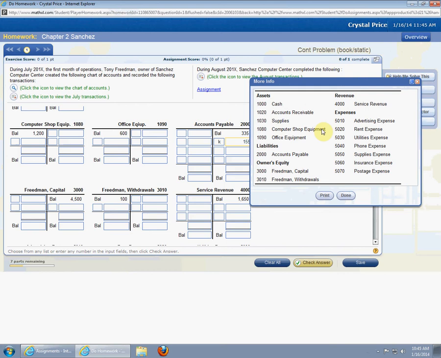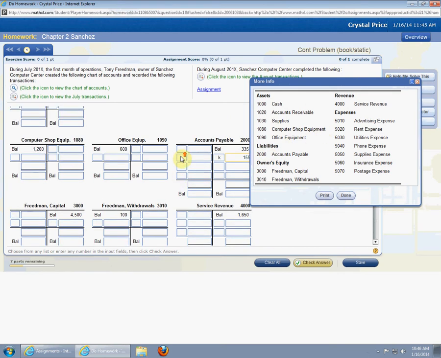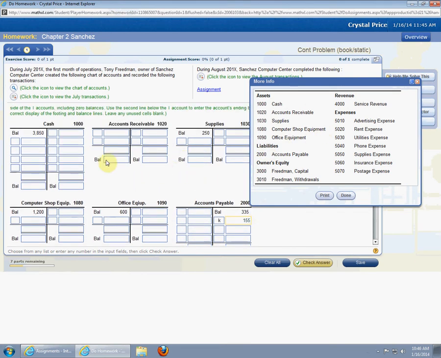So let's go to these accounts. Let's go to the cash account. This is transaction L. The amount is $150.